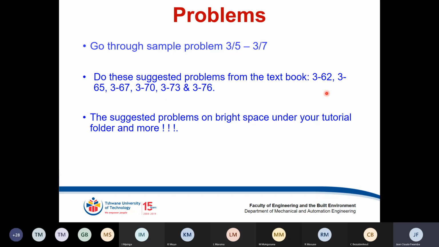And then you've got these 6 problems, which I would like you to look into. So when you meet Mr. Selowas next time, I don't know when is your next period, he will talk to these problems.